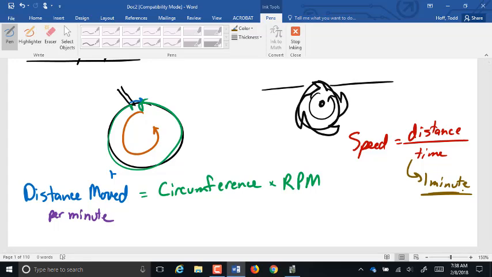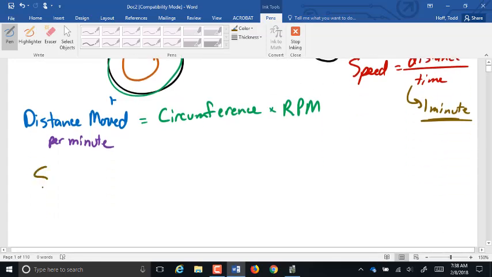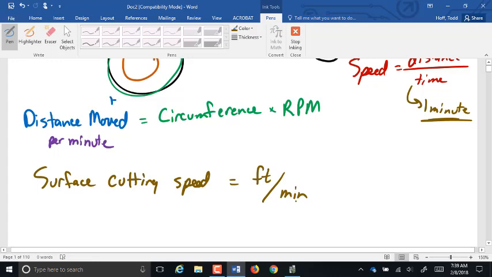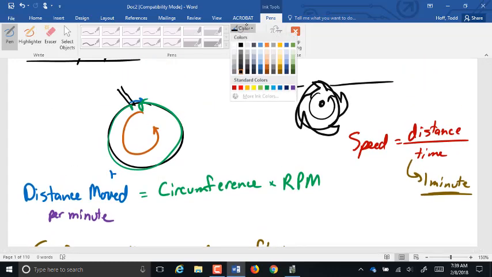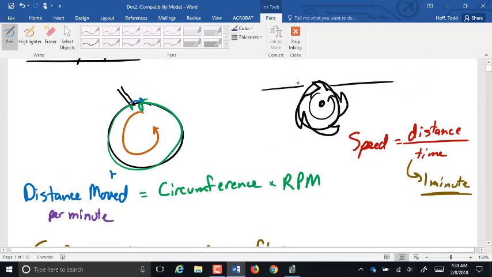Now, surface cutting speed, what units do you use there? Feet per minute. It's in feet per minute. So finding that relative distance is our first step. We need to find that relative distance in feet, first of all.